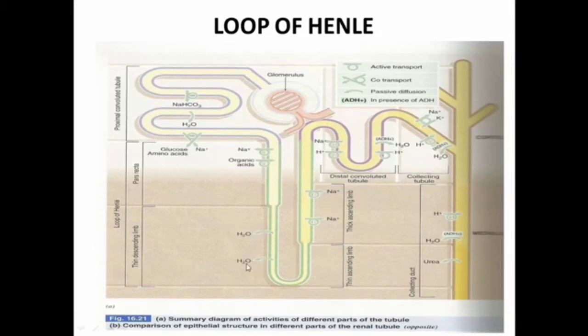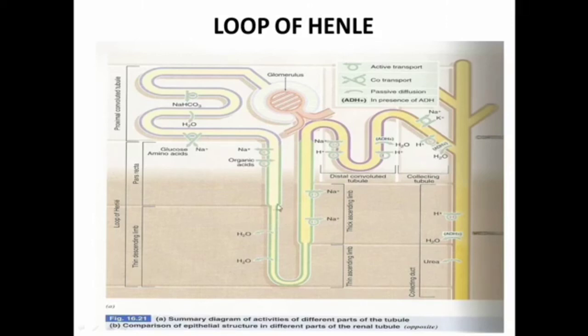Okay. Now, as we know, there is an abrupt decrease in the size. This is the straight part of the proximal convoluted tubule, having an external diameter of about 60 micrometer, and it reduces to about 30 micrometer, half of the diameter.